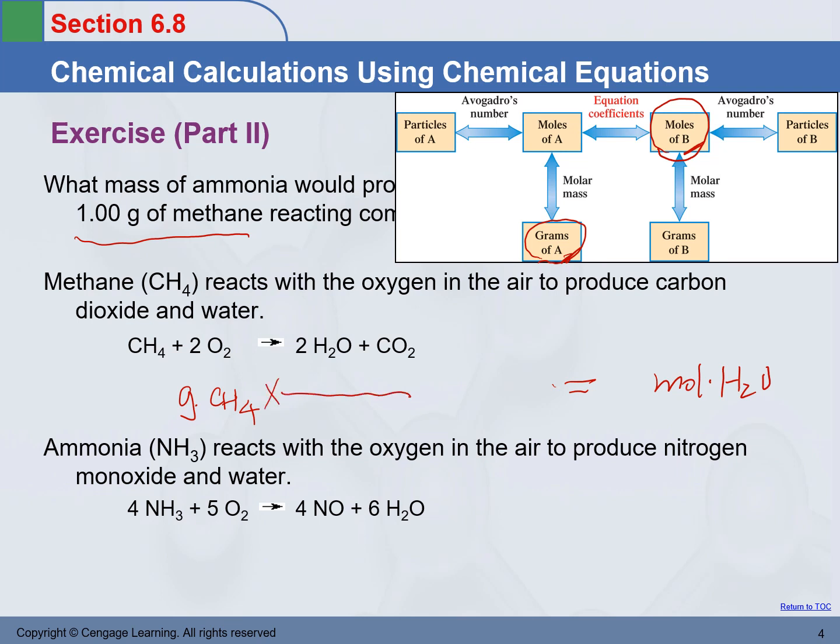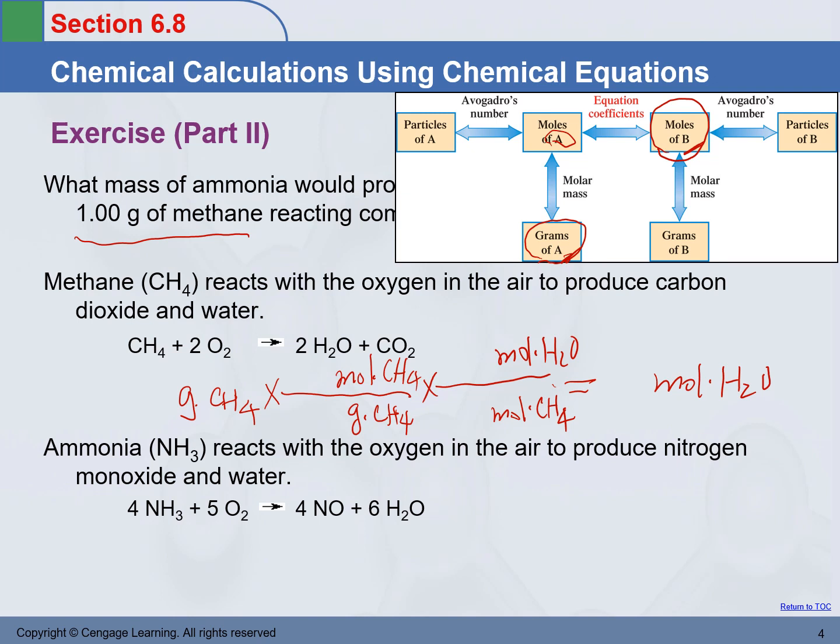The first one will go from grams of methane to moles of methane. The second one will go from, at the bottom, moles of methane to moles of water. Okay, A is methane, B is water.